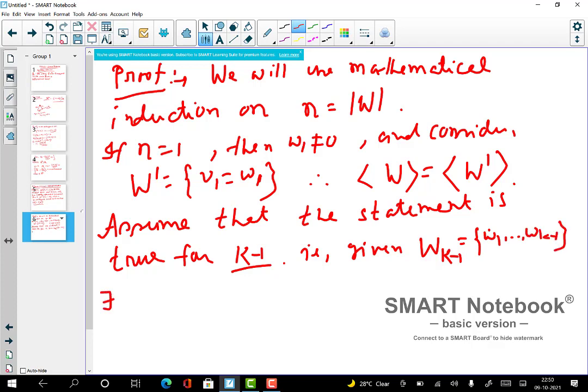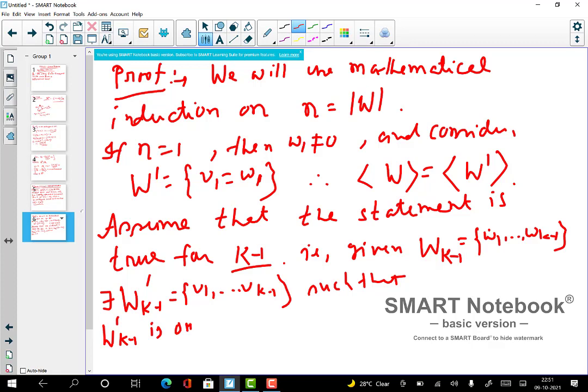There exists Wk and there exists Wk minus 1 dash, which will be V1, V2, Vk minus 1, okay, such that both are orthogonal, and they span the same thing.